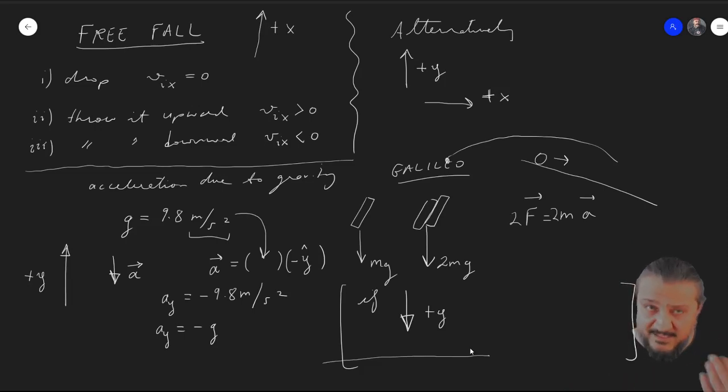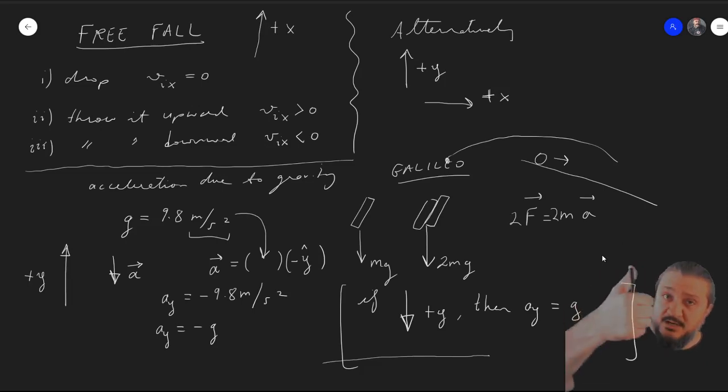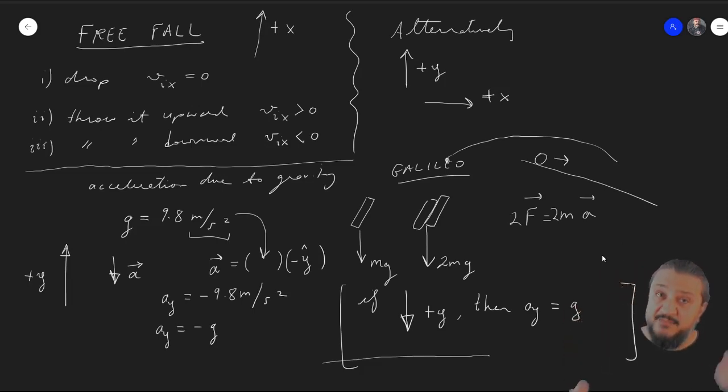So in any case, if some of you are thinking, hey, I want to pick down as my positive direction, then AY will be simply G, okay? Not negative G, but G. But remember that if that's the case, throwing an object upward would mean giving it a negative initial speed.